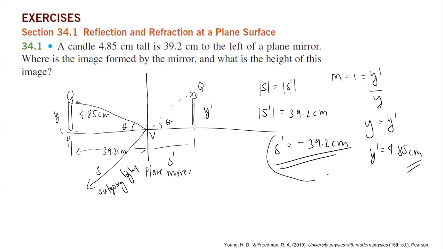The answer is this one, and it's negative because it's not on the same side as the outgoing light. And the height of the image is the same as the height of the object for a plane mirror.